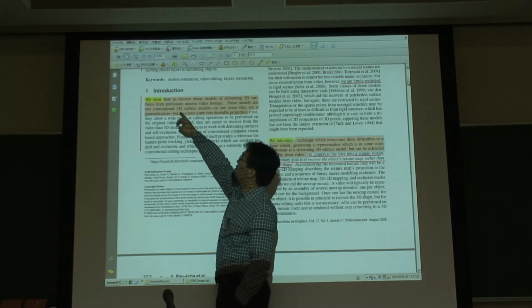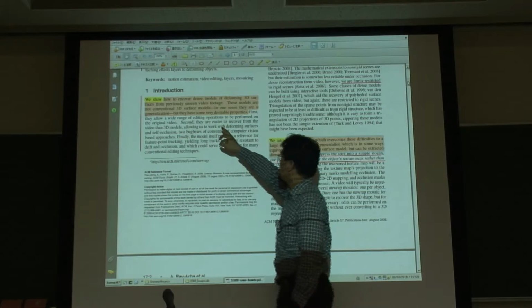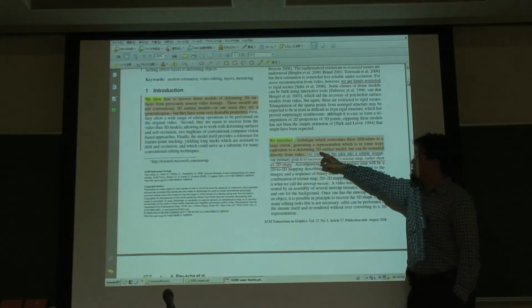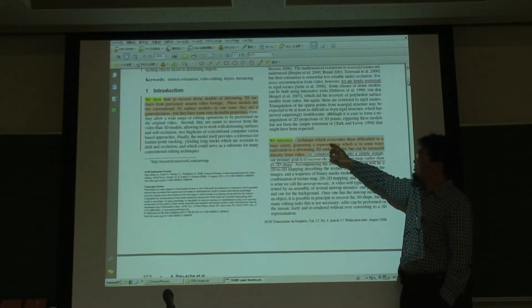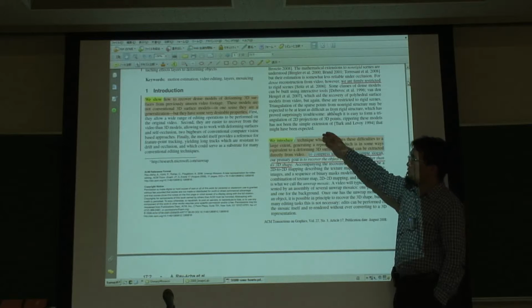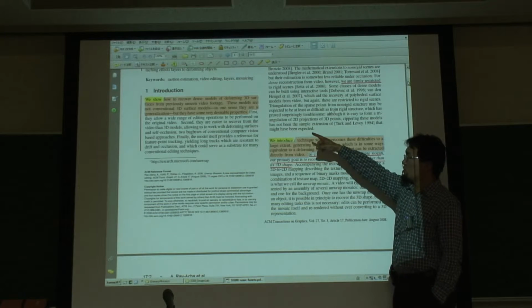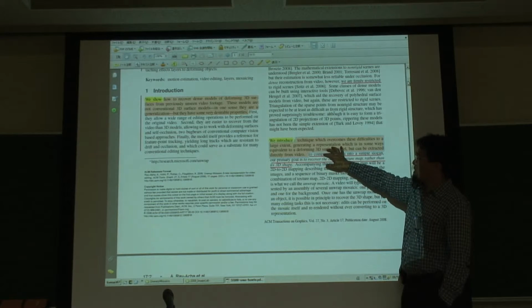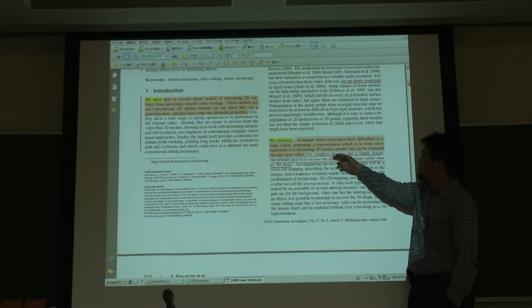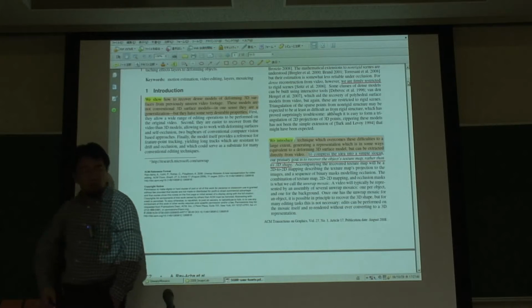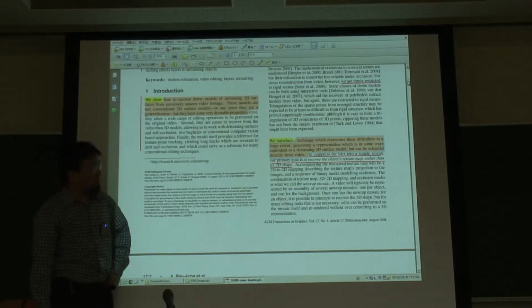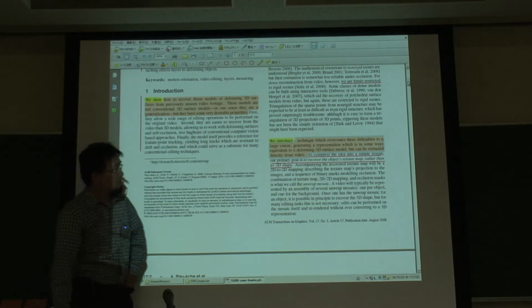This is not a conventional 3D surface model, but it is also equivalent to deforming a 3D surface model. Although this approach does not use a 3D model, the ability is the same as deforming a 3D surface model. So it sounds like magic, and probably the readers will be very attracted to this paper.